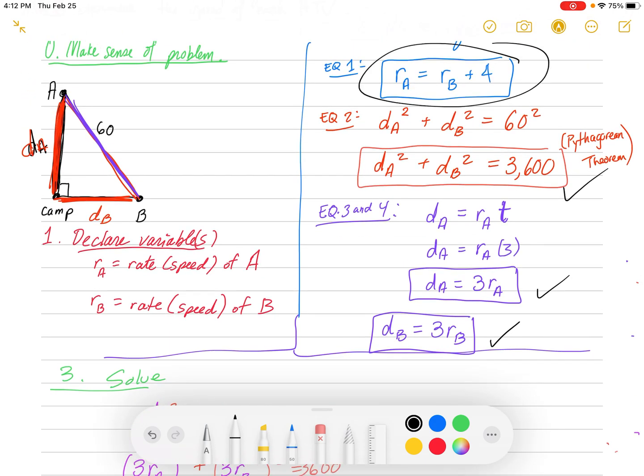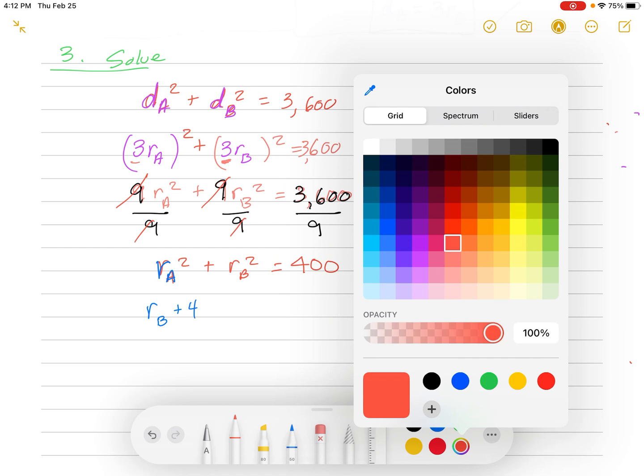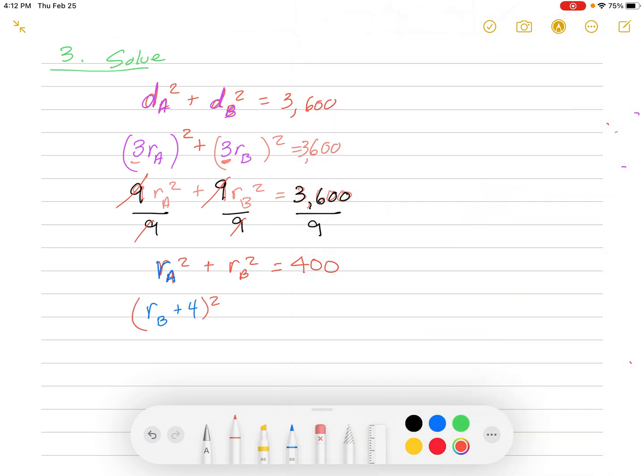The only one we haven't used is this blue equation right here. We're going to replace RA with RB plus 4. So right here, where I have RA, I'm going to replace that with RB plus 4. So I'm going to have RB plus 4, squared, plus RB squared equals 400.